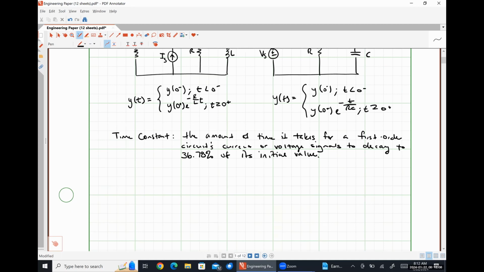You may be saying to yourself, 36.78% seems like a really weird target to define a time constant to. 36.78% corresponds to e to the minus 1.